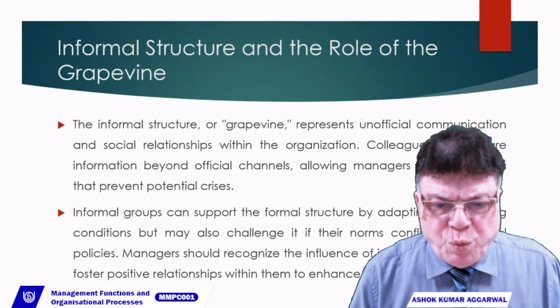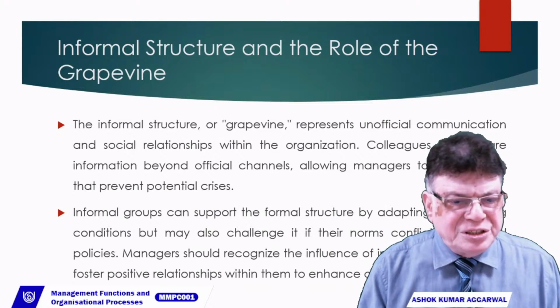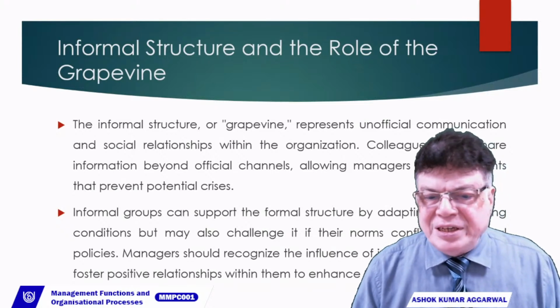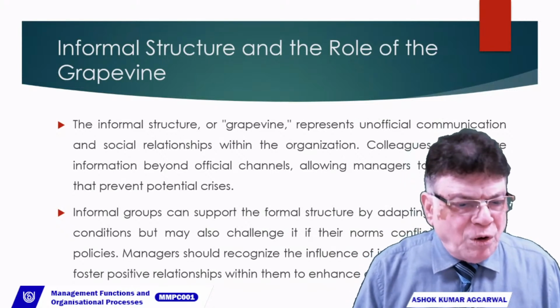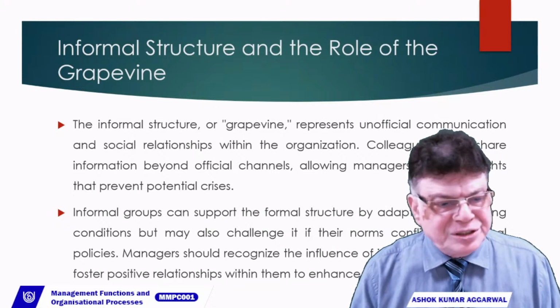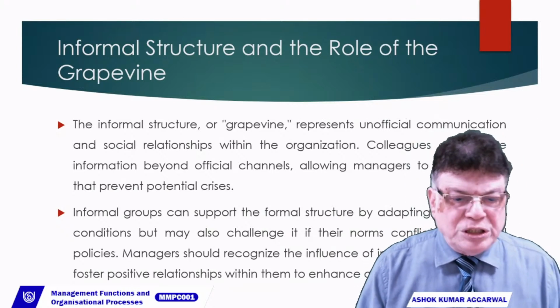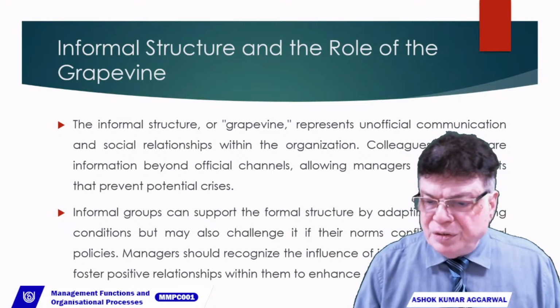Informal groups can support the formal structure by adapting to changing conditions, but may also challenge it if their norms conflict with formal policies. Managers should recognize the influence of informal structures and foster positive relationships within them to enhance organizational cohesion.